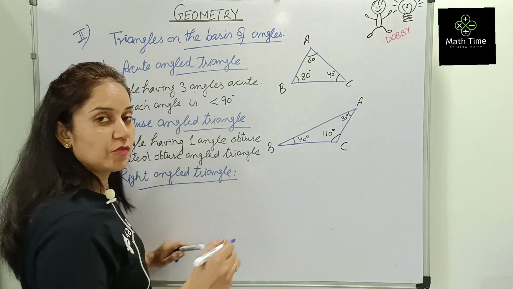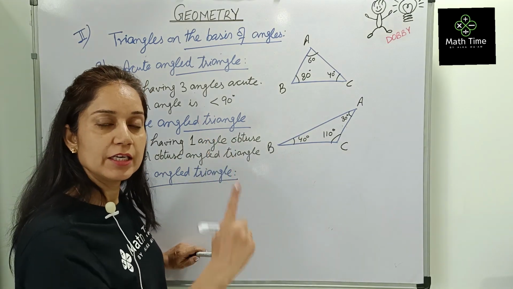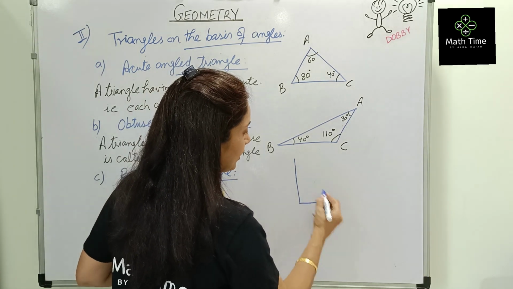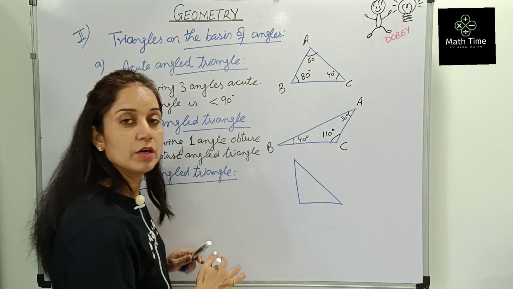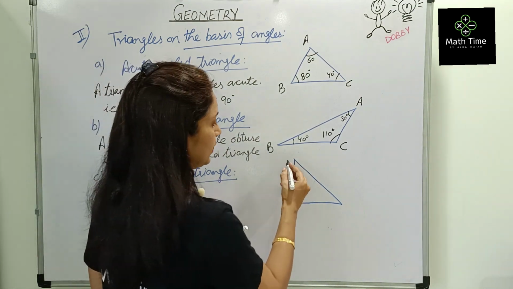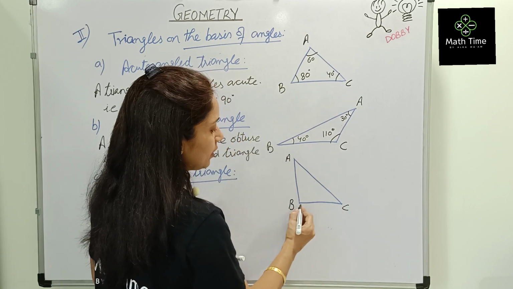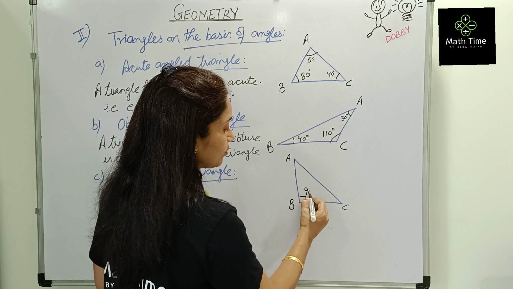When we did the types of angles using protractor, tell me where right angle comes. Right angle comes at 90 degree. That means a triangle in which one of the angles is 90 degree is called a right angle triangle. Let us name it ABC. The angle here at B is 90 degree.